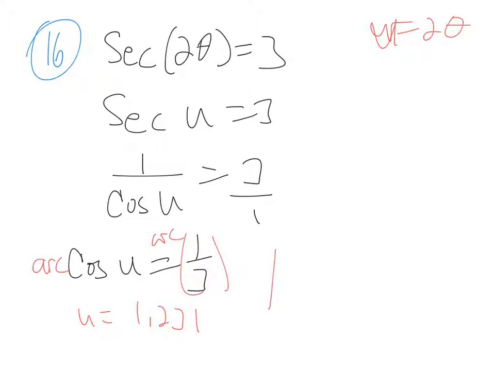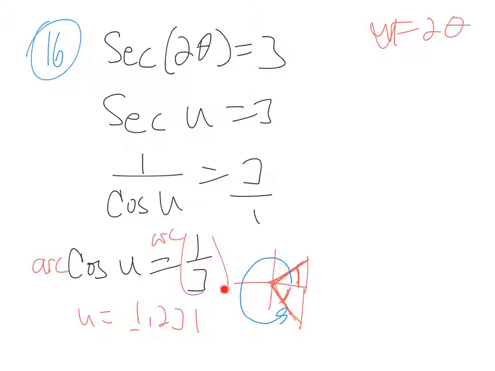And then I've got to remember the cosine has a positive answer there. It also has a positive answer down there. So this is one solution, and this will be another solution. In order to find that blue angle, I've got to remember the reference angle will be the same as that angle there.